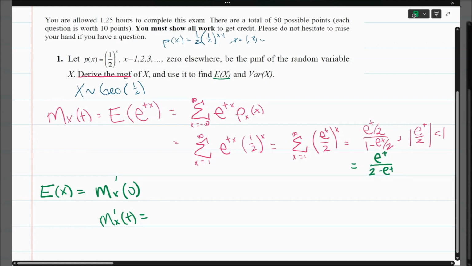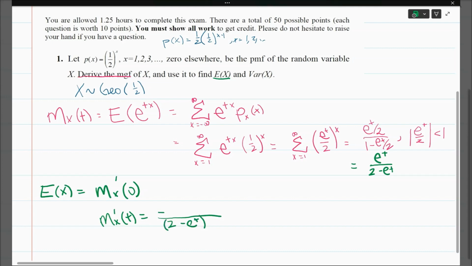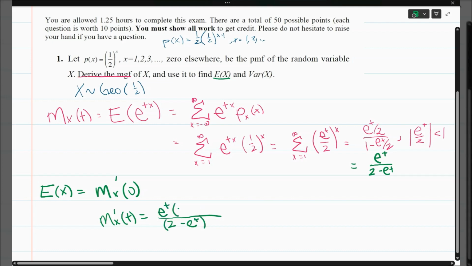Okay, we can use the quotient rule. 2 minus e to the t, derivative of the numerator times the denominator, minus the derivative of the denominator times the numerator.